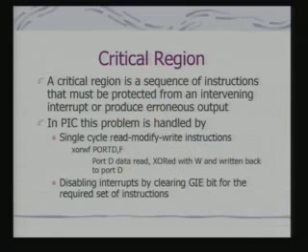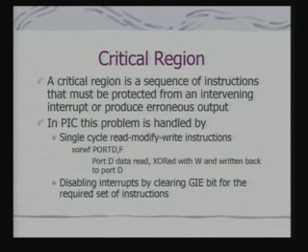Next, we come to the concept of critical region. A critical region, which we have referred to in the last class as well, is a sequence of instructions that must be protected from an intervening interrupt, or otherwise it may produce erroneous outputs. And in a PIC, this problem is handled in two ways.